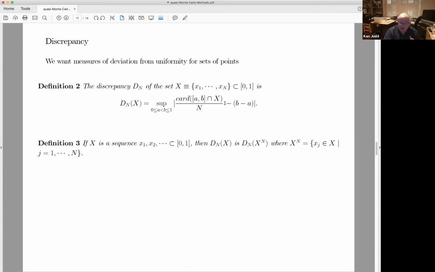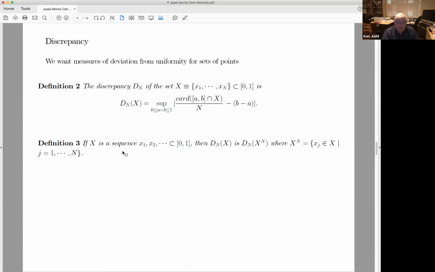If you're just doing a sample, then the integral is going to be how many points are in the interval a, b, divided by n. You do this over all possible intervals, and that gives you a measure of discrepancy.